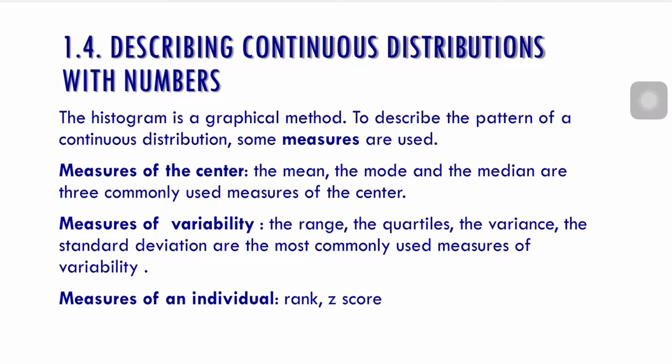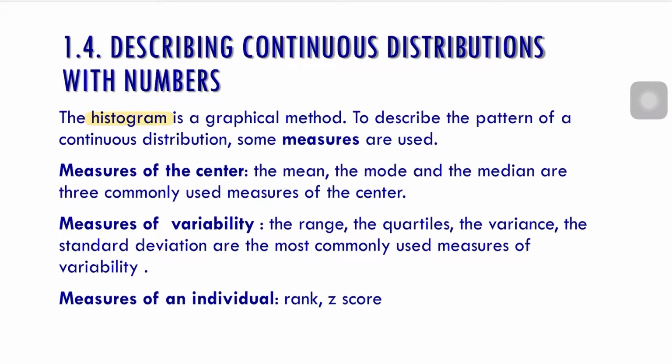And describing a continuous distribution with numbers. Usually for a continuous distribution, we use numbers, okay? Because in this case, the histogram can be more useful, and we can use this data.